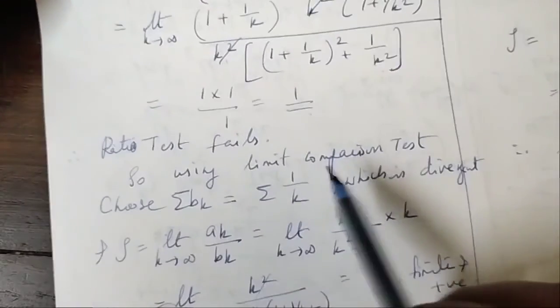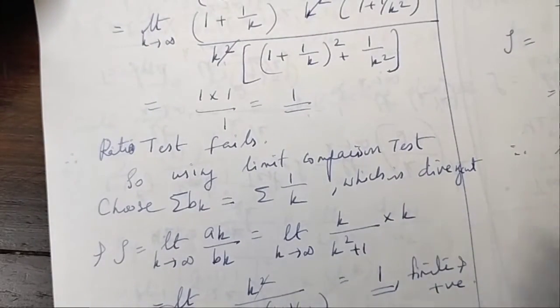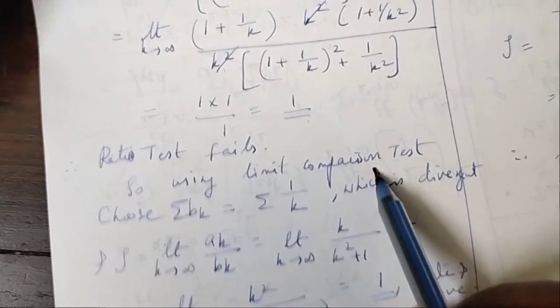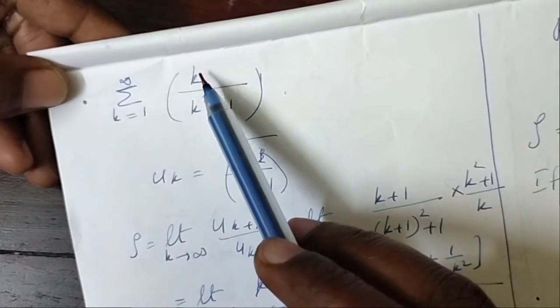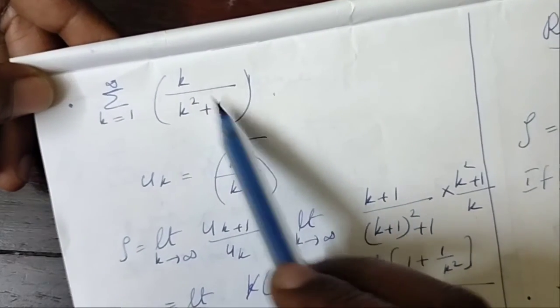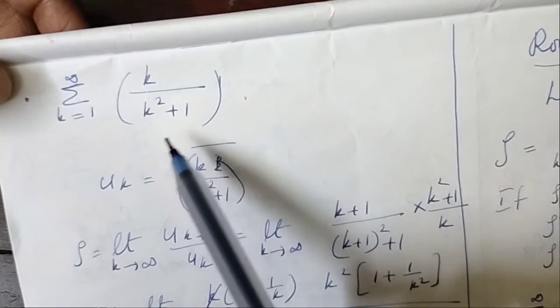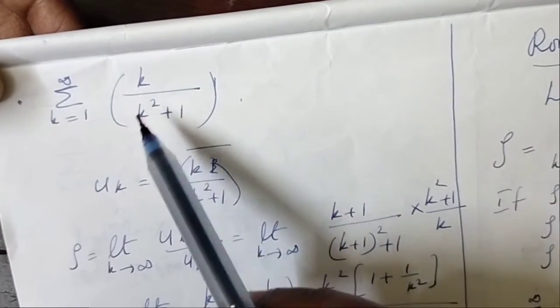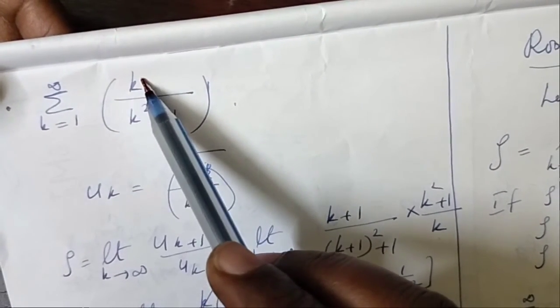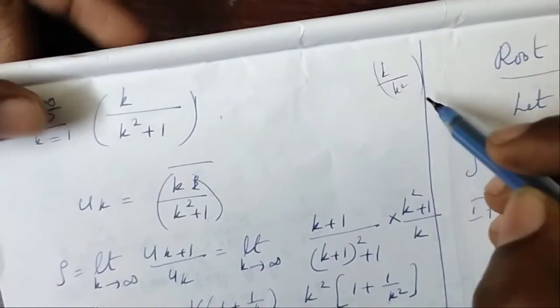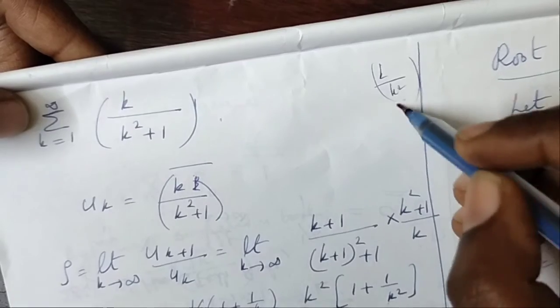So we have to apply some other method. The only other method we know is the limit comparison test. Here the series is sigma k by k square plus 1, so we can apply the limit comparison test. We have to choose a known series which is divergent or convergent. Taking k from the numerator and k square from the denominator, it is k by k square, or 1 by k.